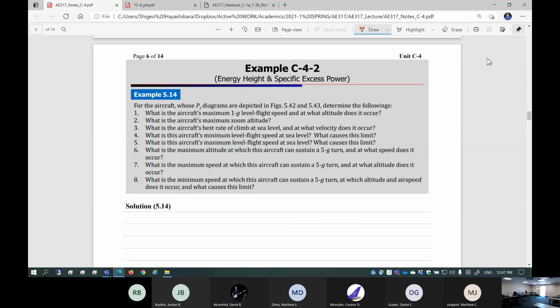So example C42. For the aircraft whose PS diagrams are depicted in figures 542, 43, determine the following. So 8 questions we're going to take a look at one at a time.